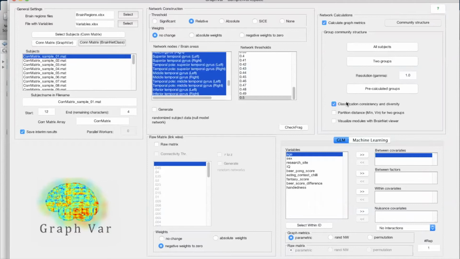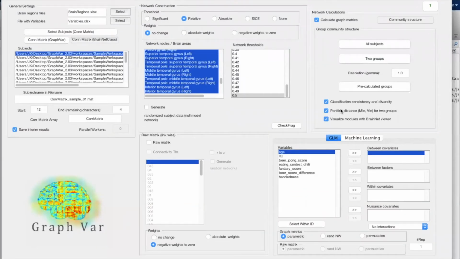So whether it would be a local connectivity hub or a hub that allows information transfer throughout the modular partition. Then I want to see whether the clustering solution, the final clustering solution for my group level consensus matrix would be different between the two groups, or whether they would indeed be the same. And I want to visualize those with BrainNet Viewer.